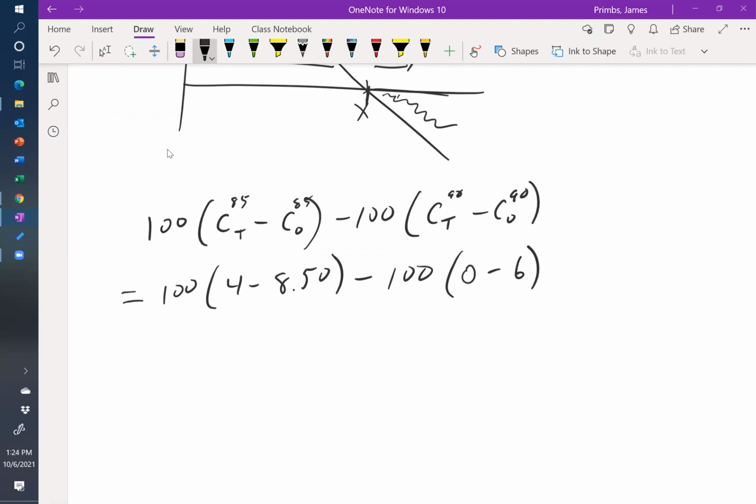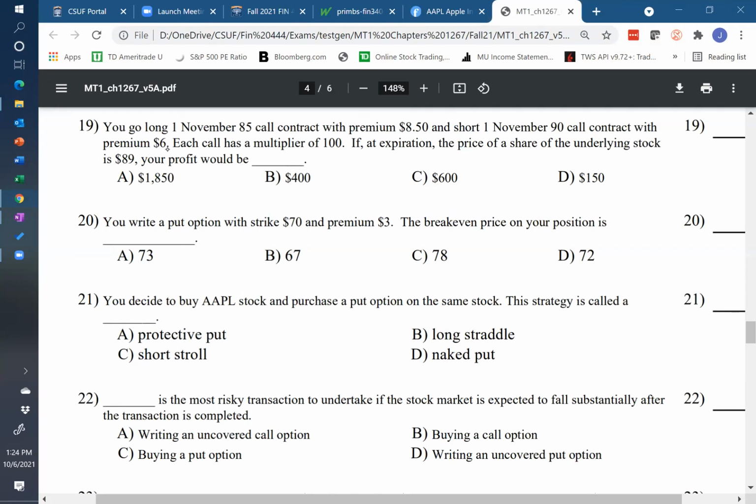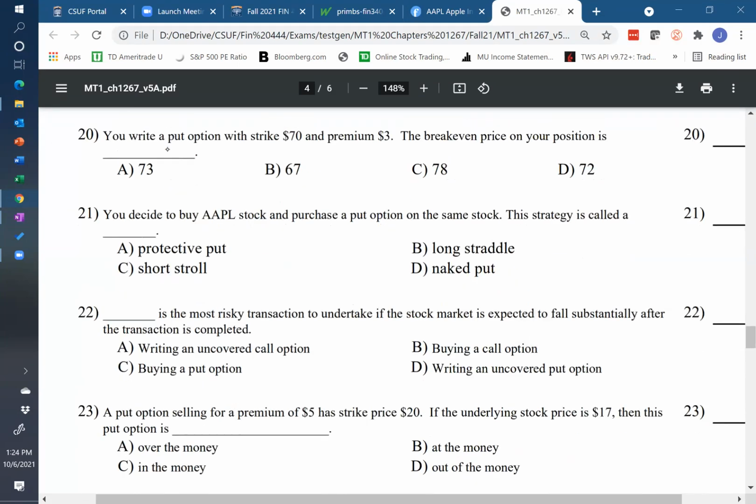So I'm going to do this calculation, whatever this is. So this one's going to be what? Minus 450, plus 600. Did I do that right? See if that's one of the answers. 150. Yep, D. All right, we're getting there. Got 8 more problems.